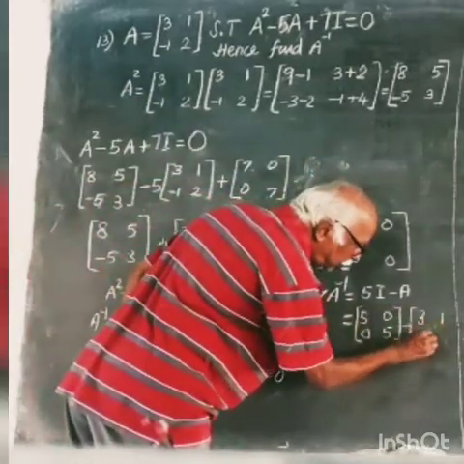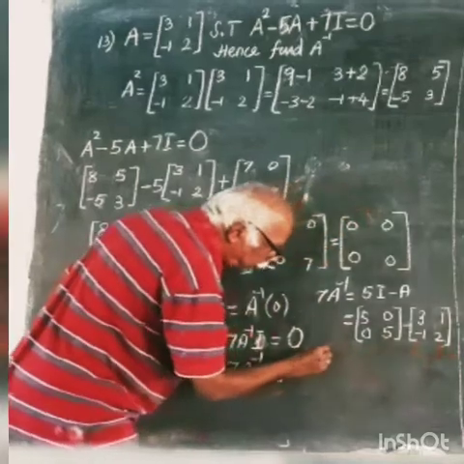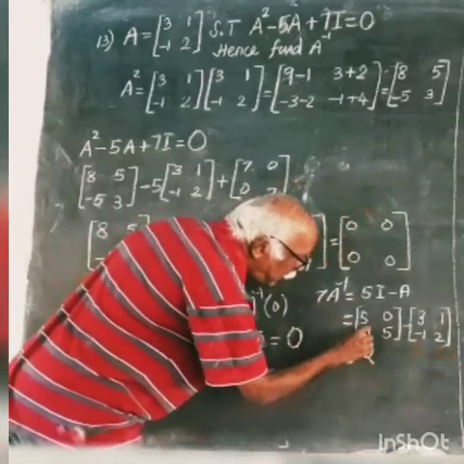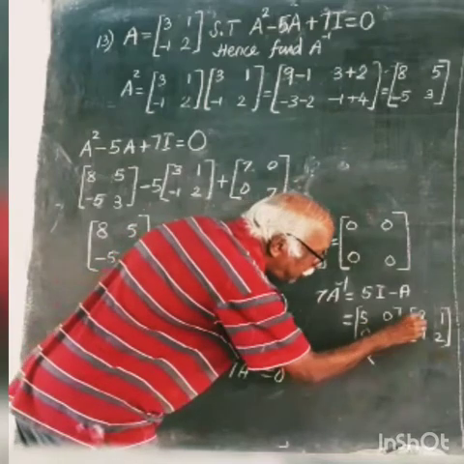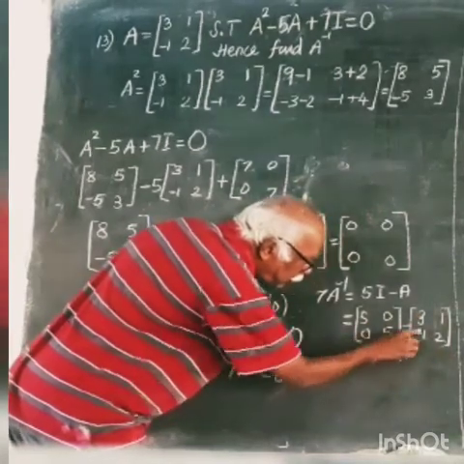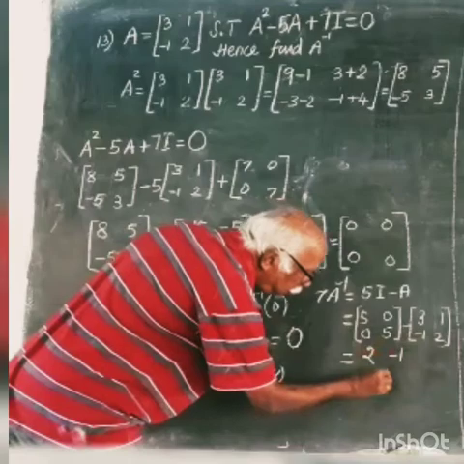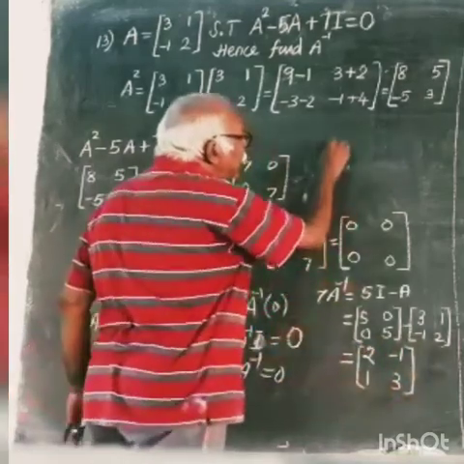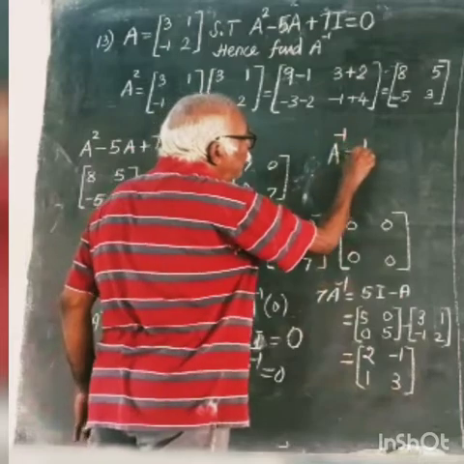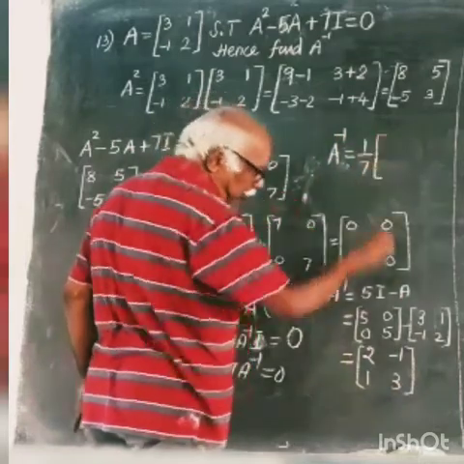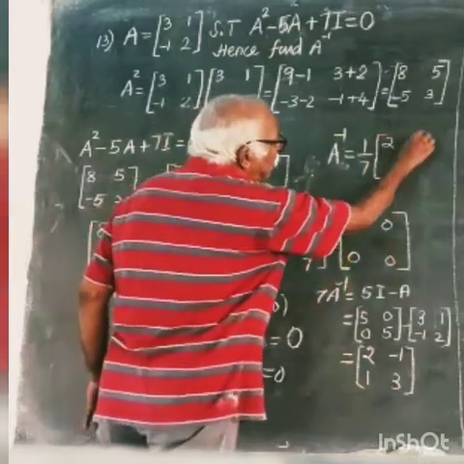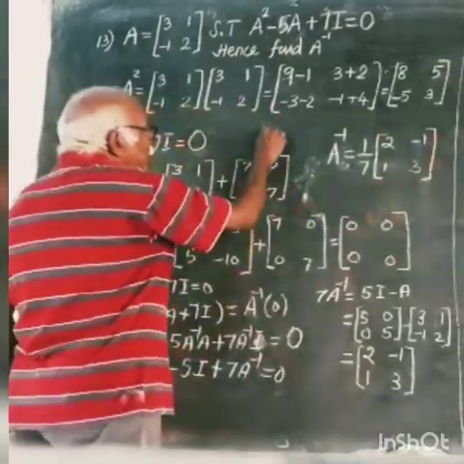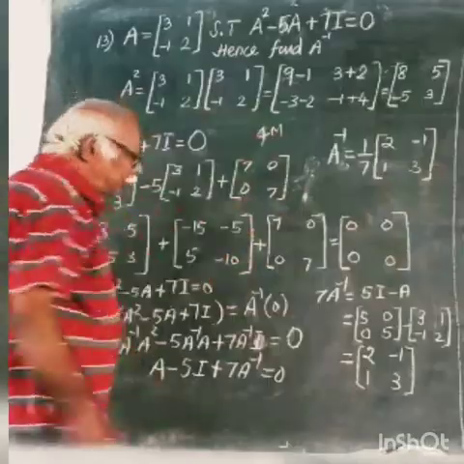This is [5-3, 0-1; 0+1, 5-2]. Therefore, A inverse is equal to 1 by 7 into [2, -1; 1, 3]. That is, we got A inverse. These are 4 mark questions.